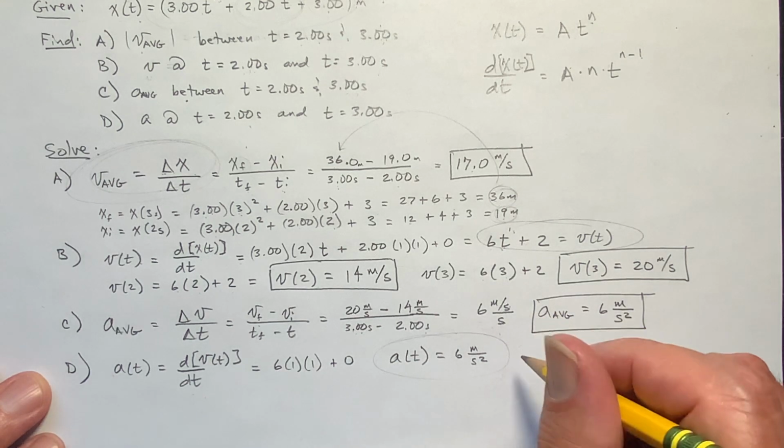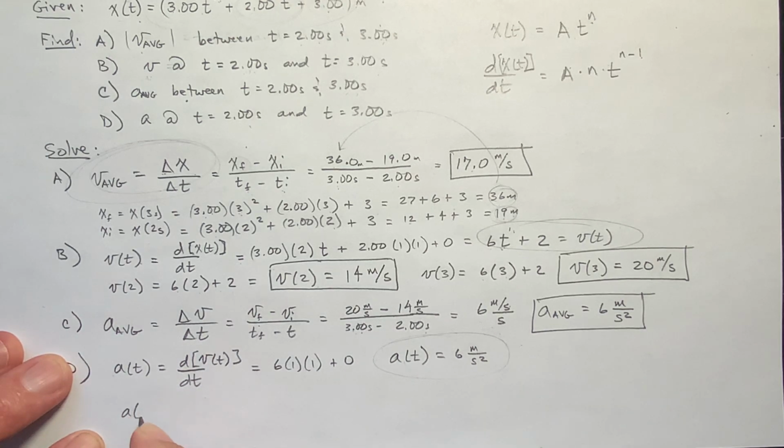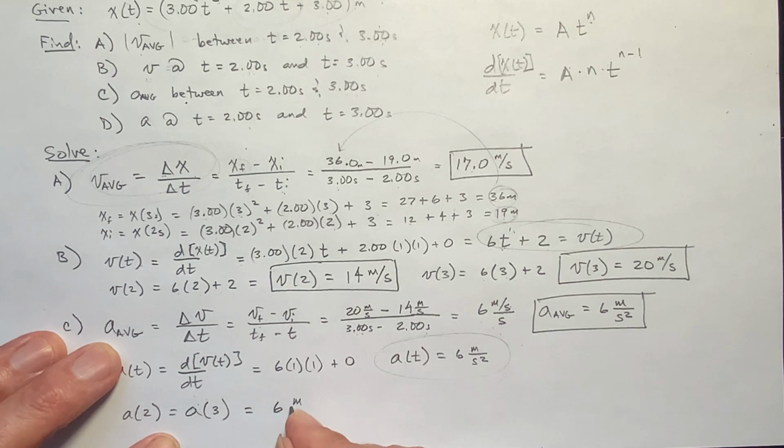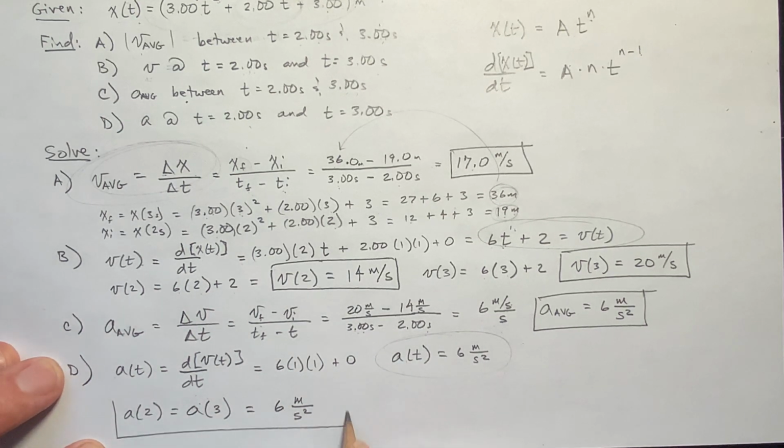So that's cool. Now, what does that mean if the acceleration is a constant? Well, that means the acceleration at 2 seconds is just equal to the acceleration at 3 seconds. There's no time. The acceleration is just 6 meters per second squared, or 6 meters per second every second. This is my answer for both.